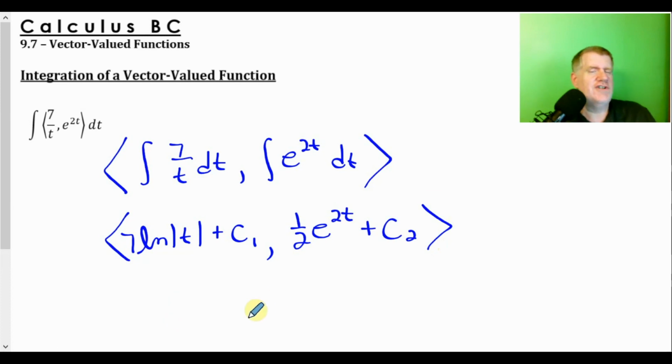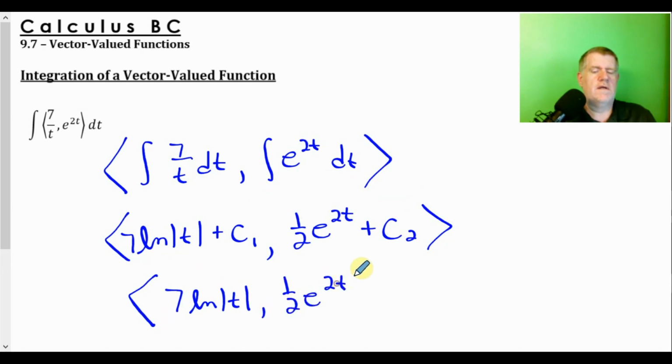Now you can actually write this a different way. This c1 and c2, when you add these vectors together, you're adding a constant to the x and a constant to the y. So together the vectors are being added a constant value. So you may rewrite it like this. Plus just a big constant on the outside.